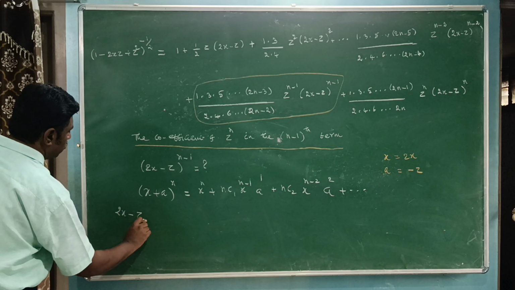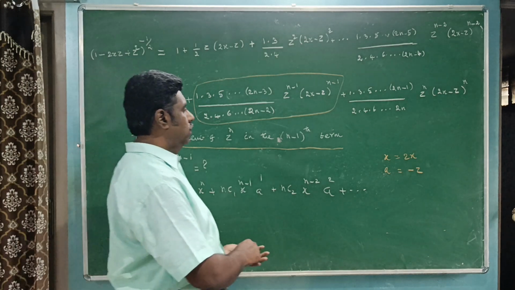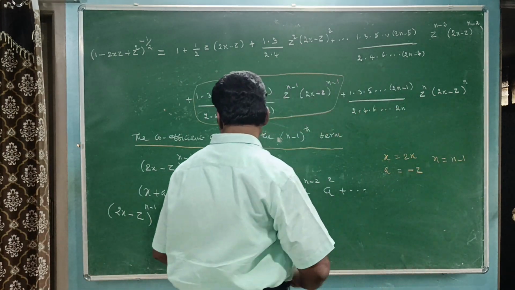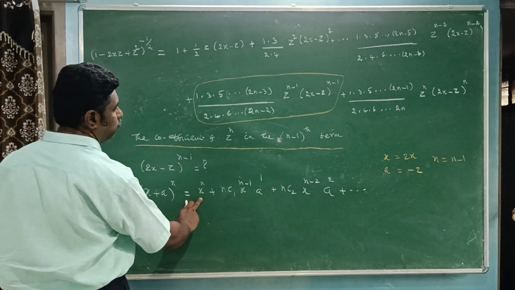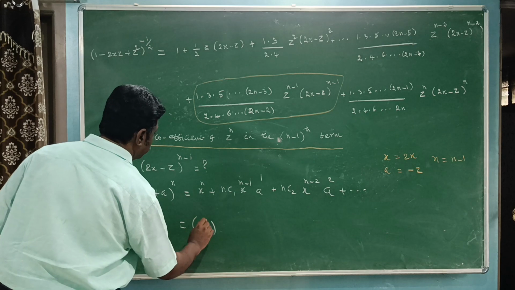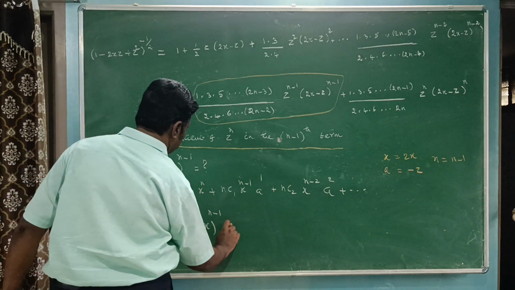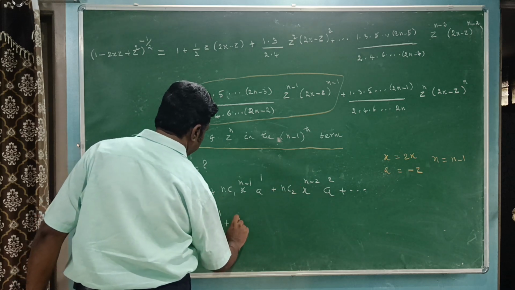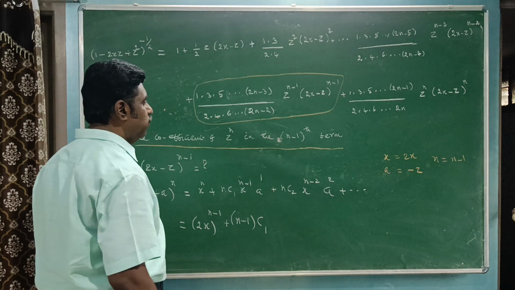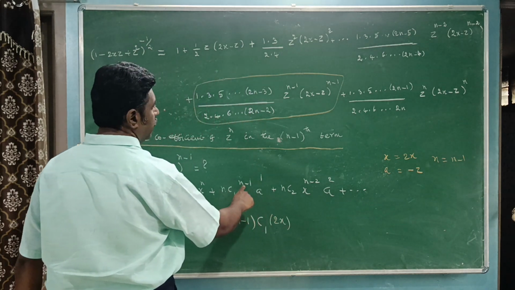2x minus z power n minus 1, with n equal to n minus 1 here. X power n, what's the value of x? 2x. This is equal to 2x power n minus 1, plus nC1. The value of n is n minus 1. C1, what's the value of x? 2x, 2x power n minus 2.